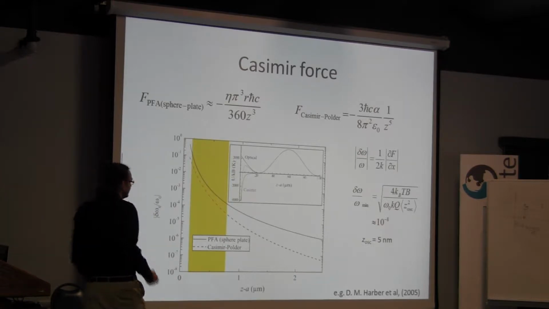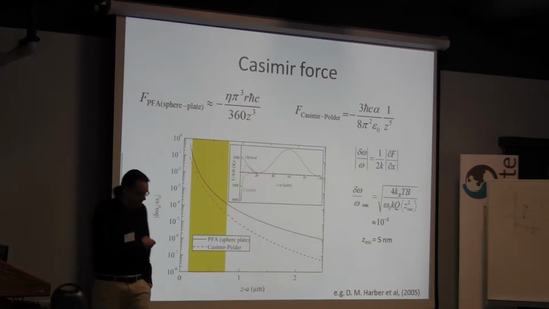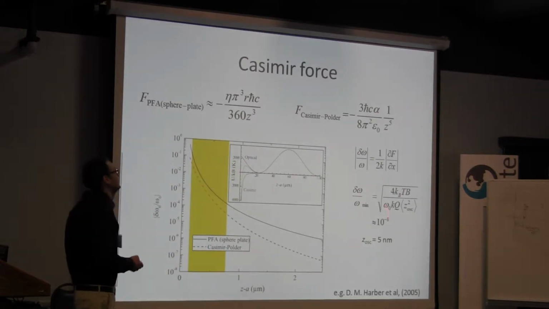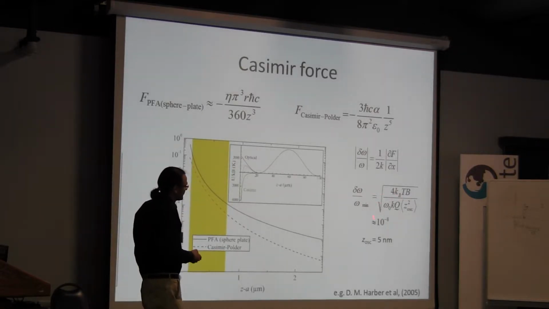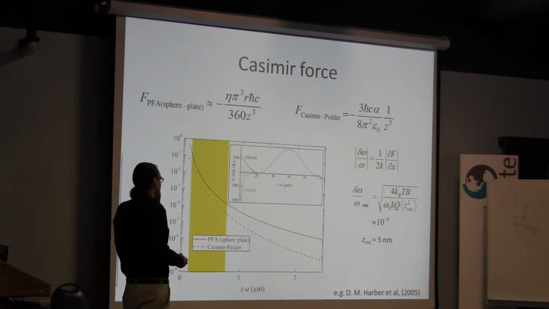So you can ask, if you are thermal noise limited, what is the best sensitivity you have to a fractional frequency shift like this? Calculate that, and it goes like the square root of kT divided by the frequency times the spring constant times the Q factor times the RMS oscillation amplitude.